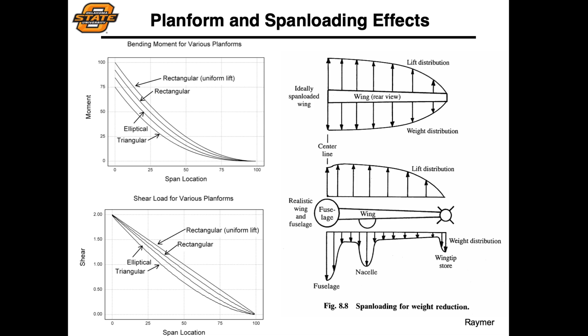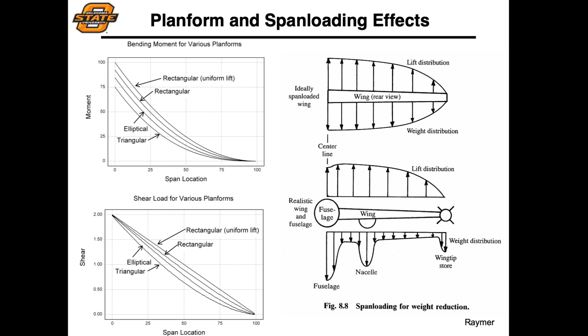So typically 2.5, for example, for that upper load factor, at least as a minimum. That's the lowest that we're going to typically design around. So once we know what that lift distribution is for that nominal cruise configuration, we can multiply that by 2.5 to look at our design limit.